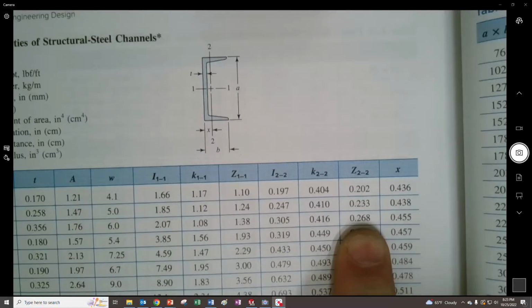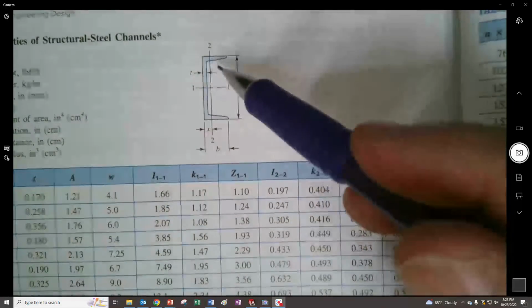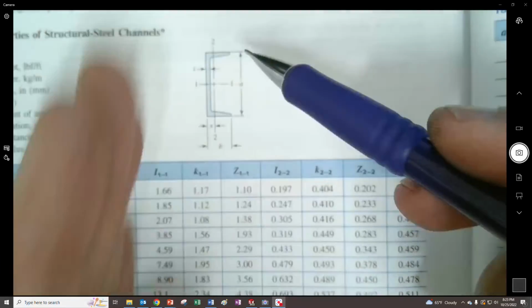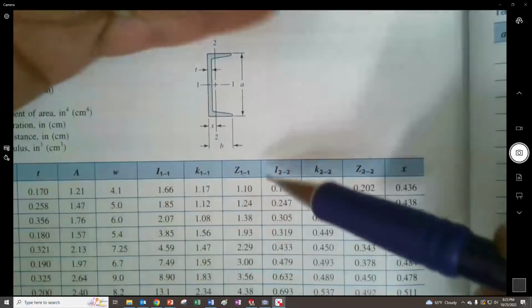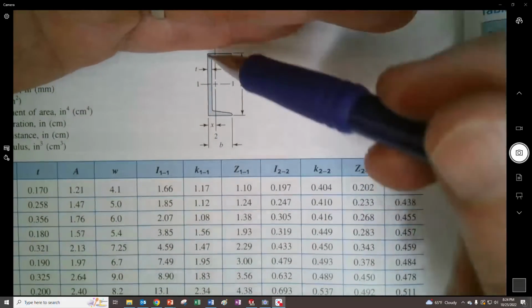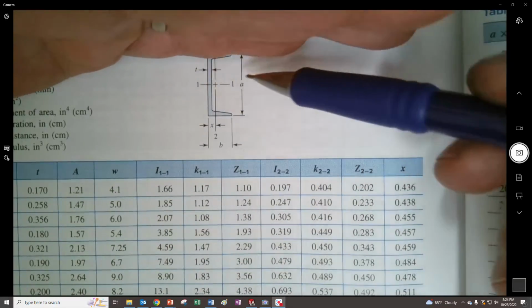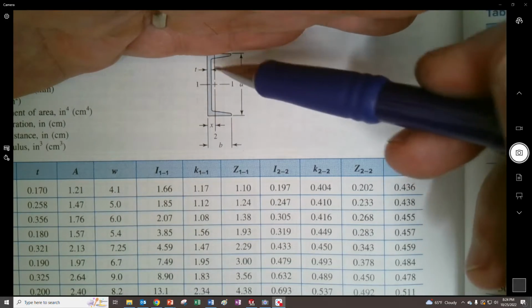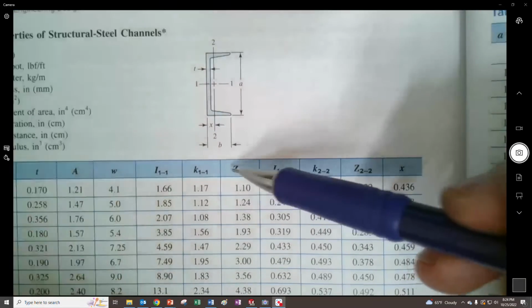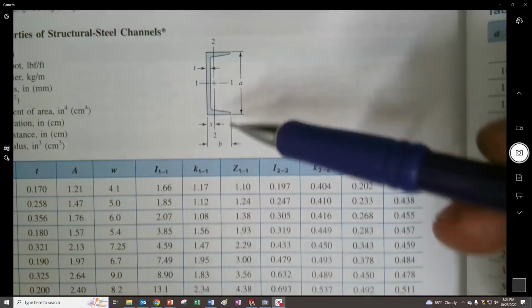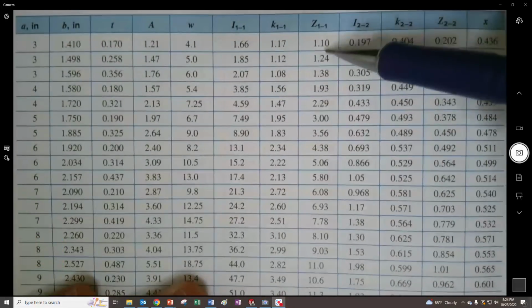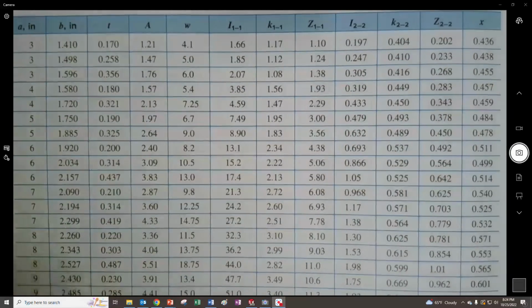With the screen like this and the channel behind it, in this orientation, that might be a good choice. We would look for bending about this axis and try to find a Z that would match the minimum Z.